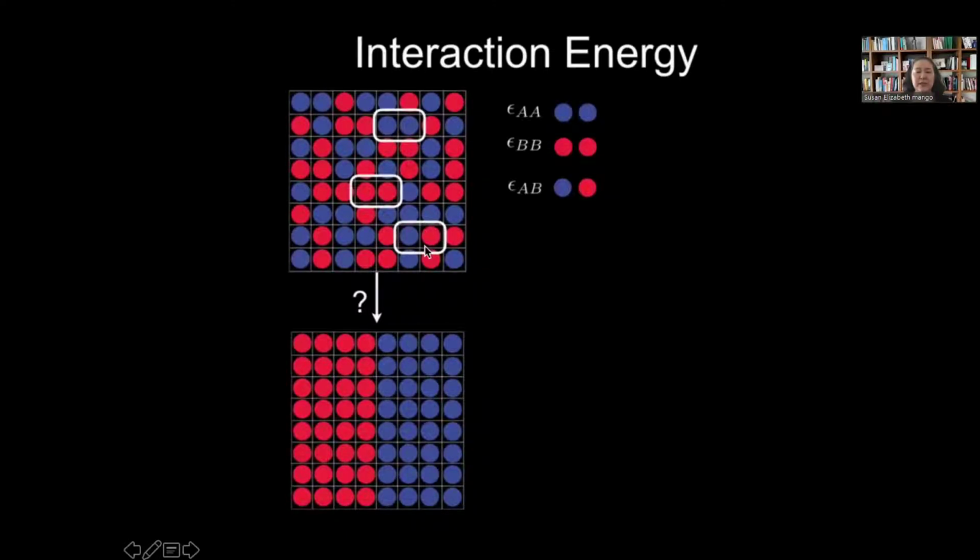This is the mixed state, and here are the separated states. You can actually calculate it out. You can look at the energy between what we're going to call epsilon AA, which is the energy for this blue, and the BB, and the AB.